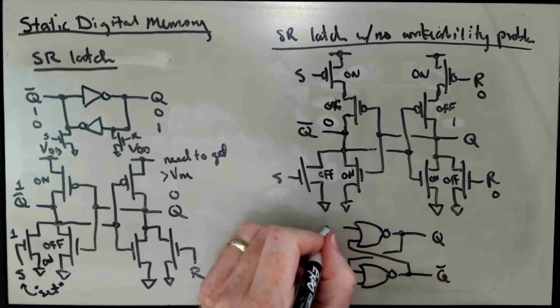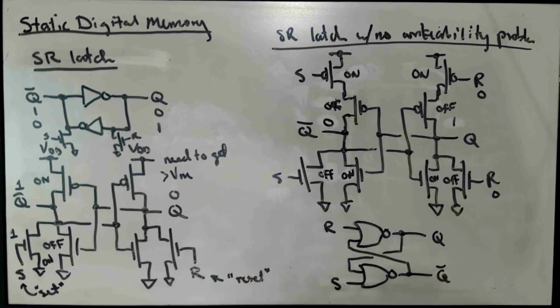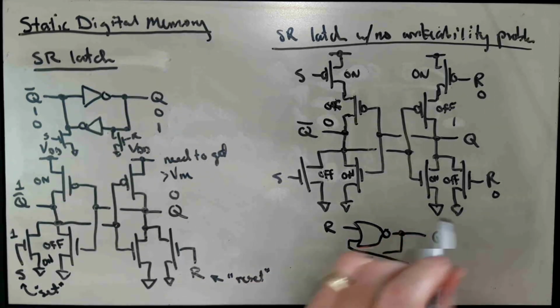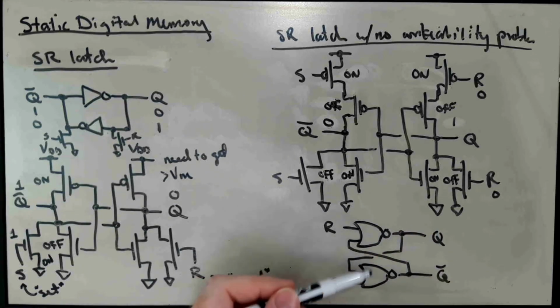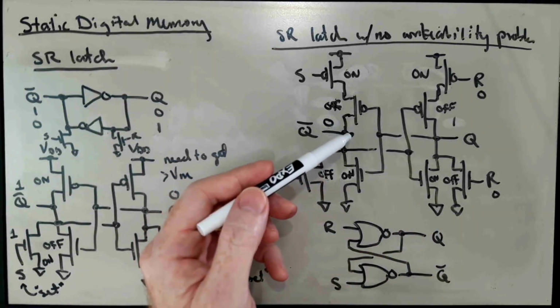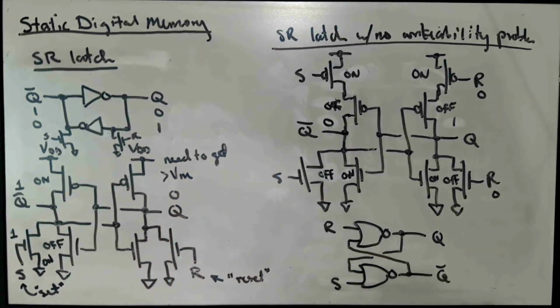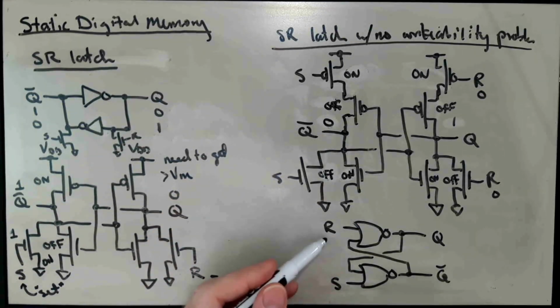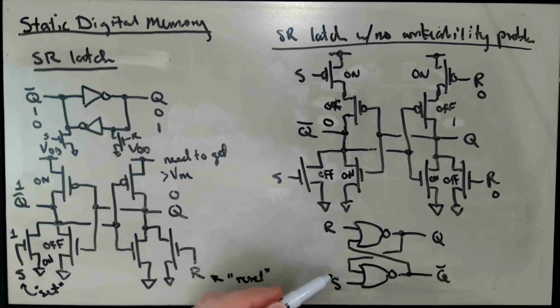And the Q input is R, and the Q bar input is S. So this is basically the logic schematic of this transistor level schematic here. And this would be a very nice way of implementing an SR latch without the writability problem issues of this.